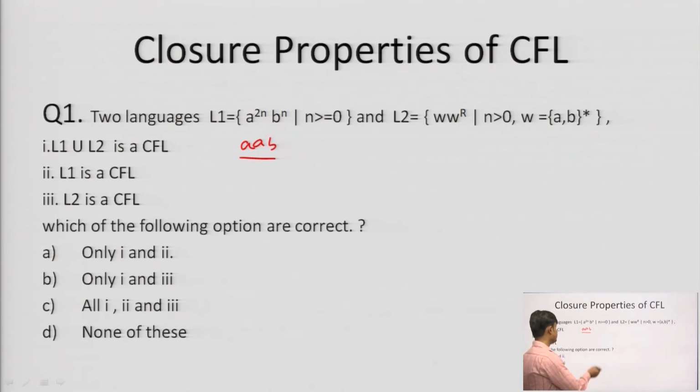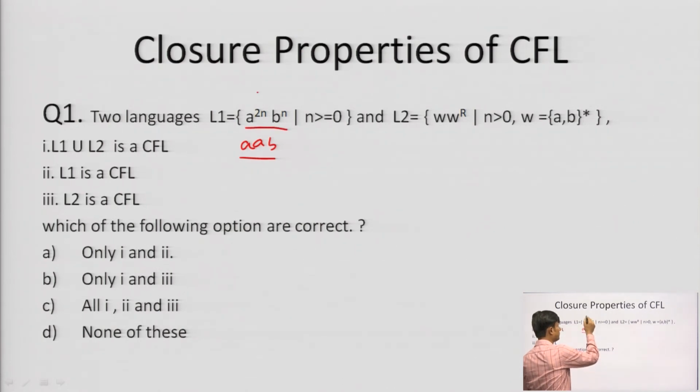If you apply the pumping lemma to L1, it satisfies the properties of the pumping lemma, and you find that L1 is a context free language. Otherwise, you can identify directly that there is a single comparison between a and b.